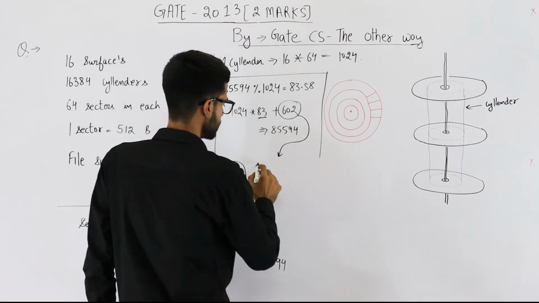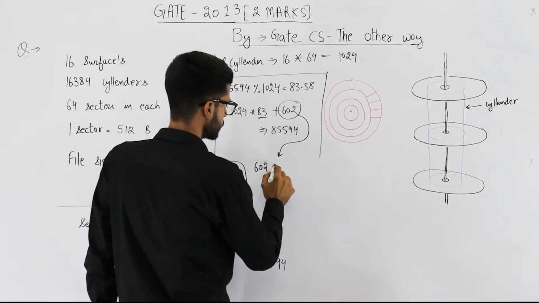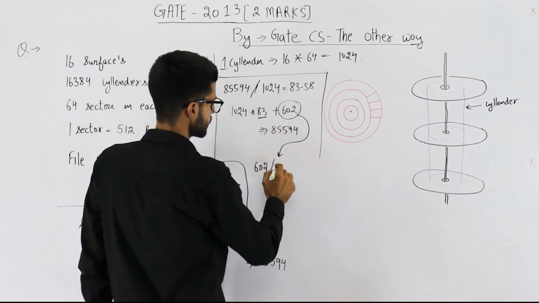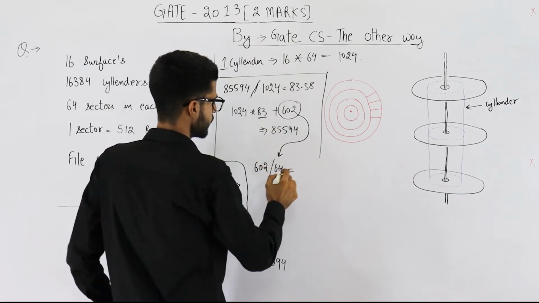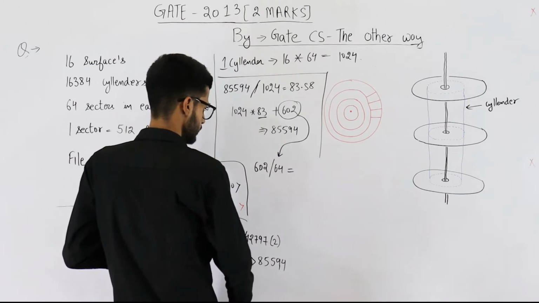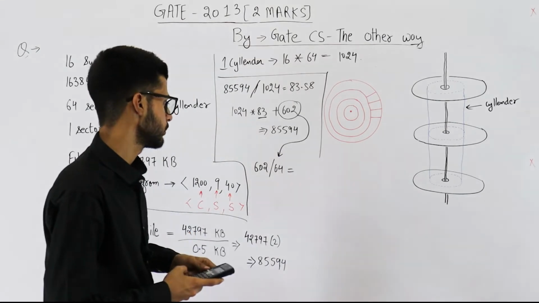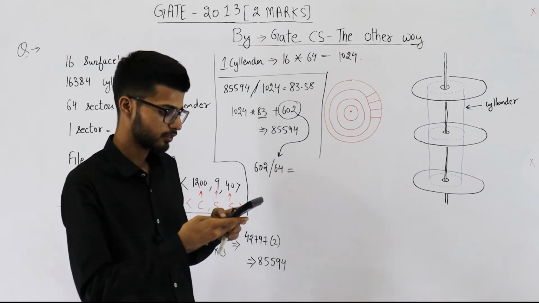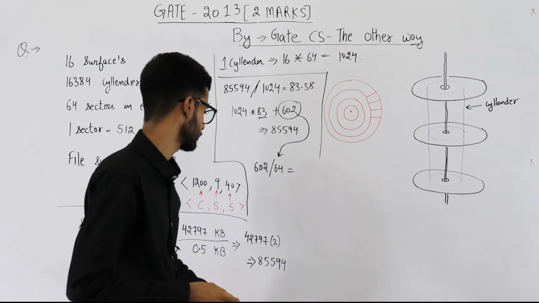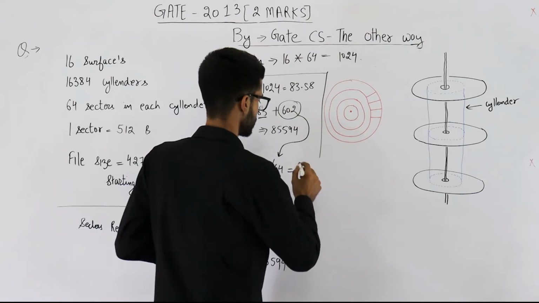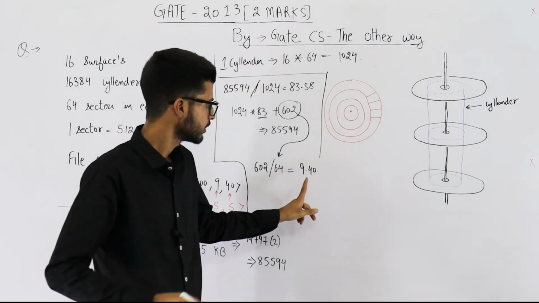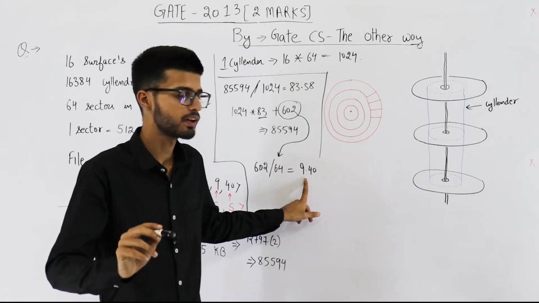So you divide 602 by 64. Let's see what comes out. Maybe 9. 602 divided by 64 is 9.40 something. That means 9 surfaces will be filled.